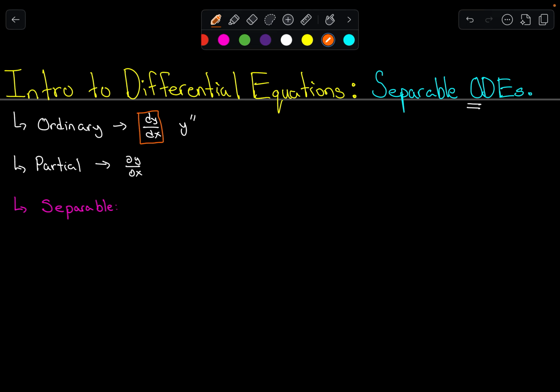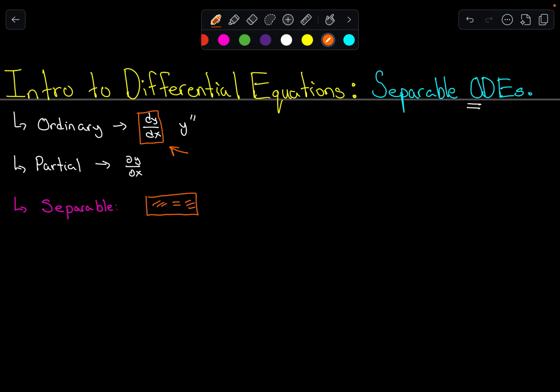Normally with a differential equation, we have a hodgepodge of stuff: there's an equal sign somewhere, some stuff on the left side, some stuff on the right side, and there are derivatives and so on. We're going to be dealing with first order differential equations, that is, a differential equation that only involves dy dx.